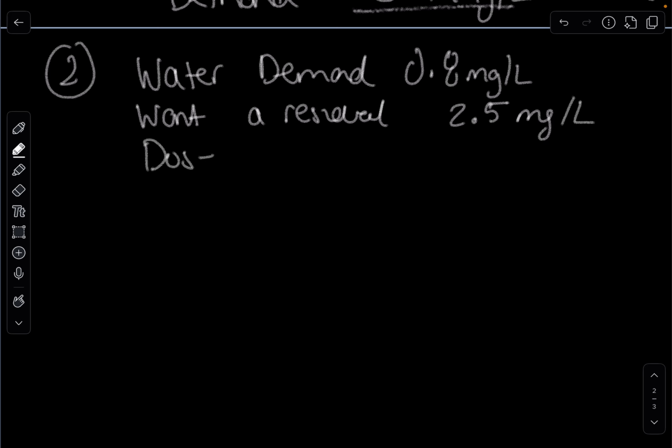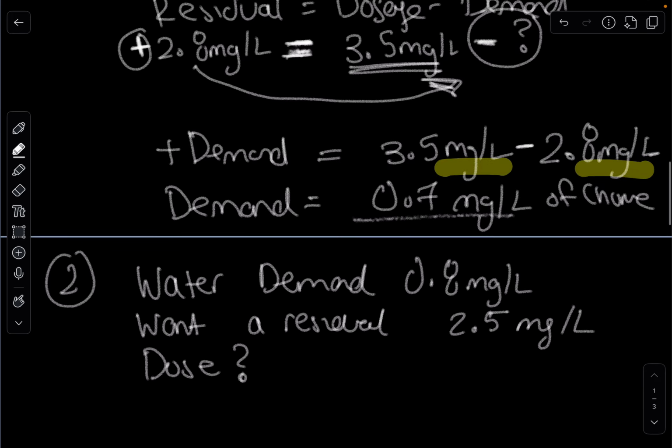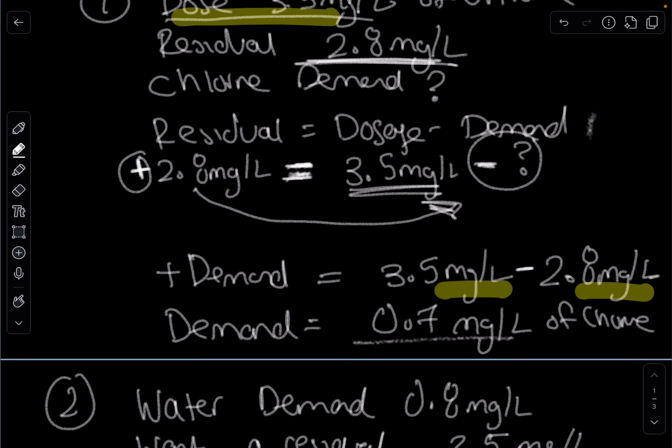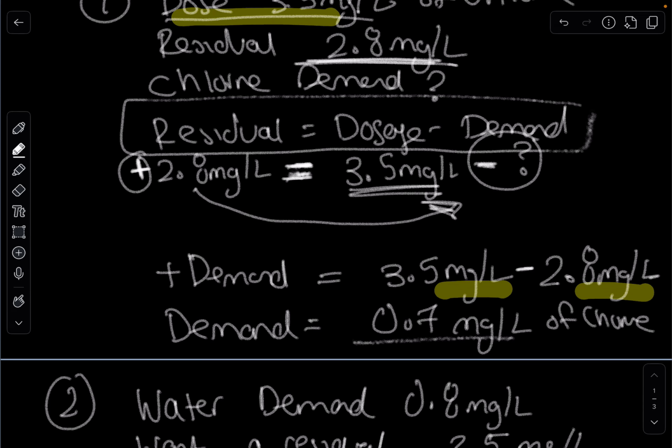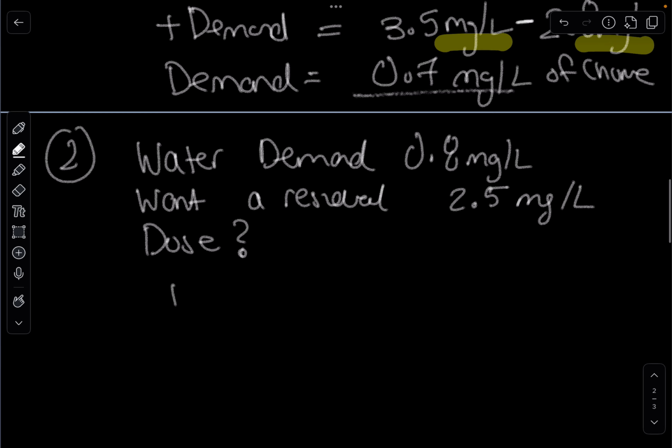So what is our dosage? Again, whenever I see a question like this, I know that I'm going to have to use this basic formula, which is, again, residual is equal to dosage minus demand.